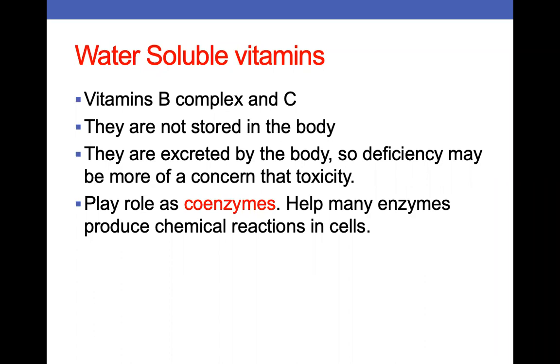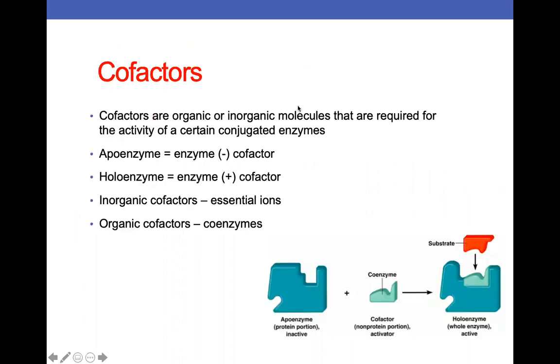And then coenzymes. Coenzymes are not enzymes, but they help enzymes. They essentially allow enzymes to act in a faster way to speed up the reaction. Okay, so I already talked about coenzymes, but let's break this down in sort of a flow chart. I have these things called cofactors. Cofactors is like an umbrella term, okay?